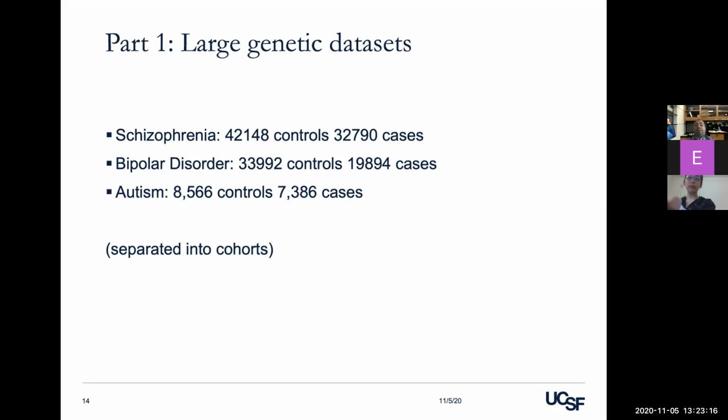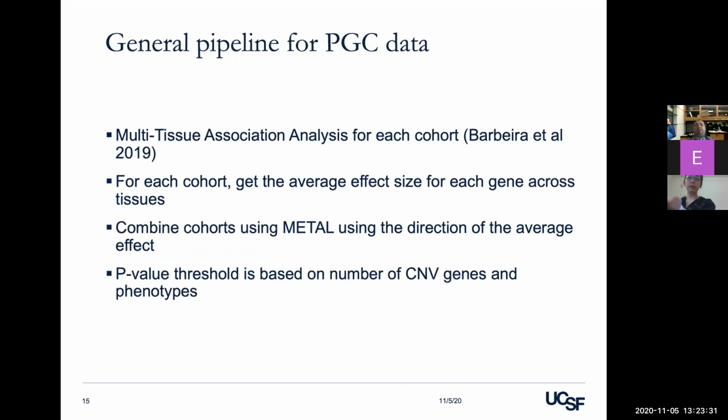Autism is still nearly 10,000 controls and 10,000 cases, but slightly less than what would be perfect. And these are separated into cohorts.